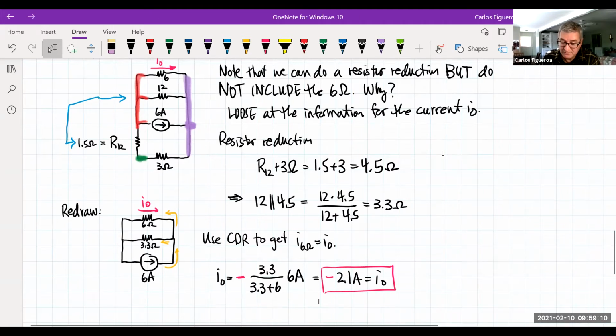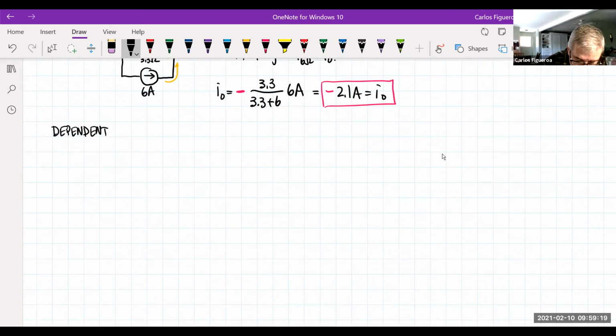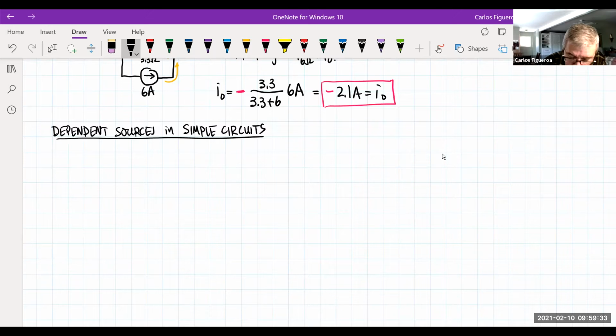So what we want to focus on now is dependent sources in simple circuits. So here we go. What you're going to find here is that now we're going to include dependent sources in a circuit.